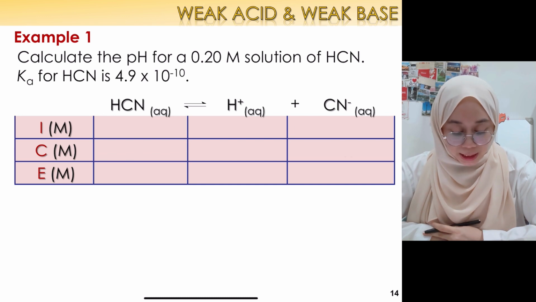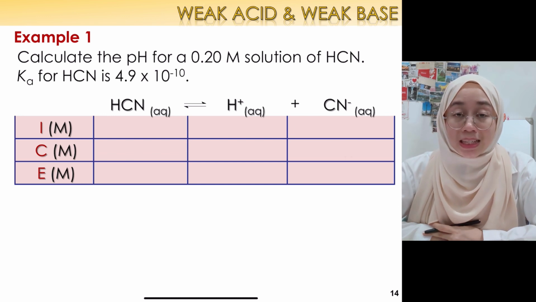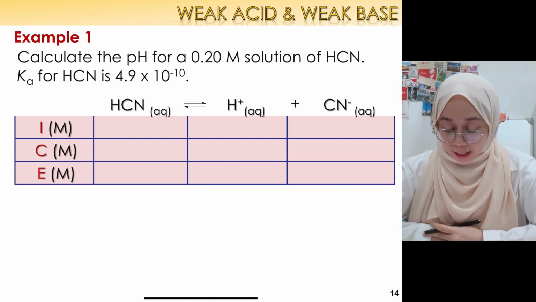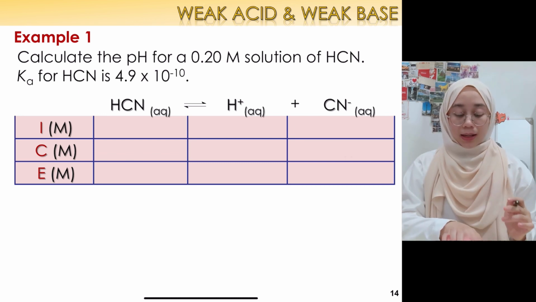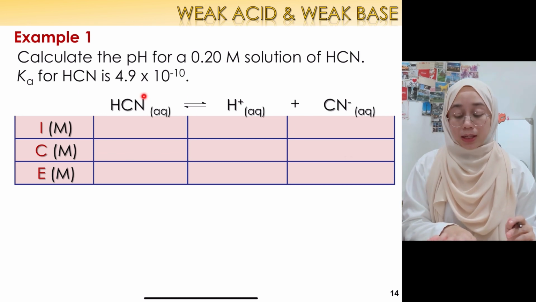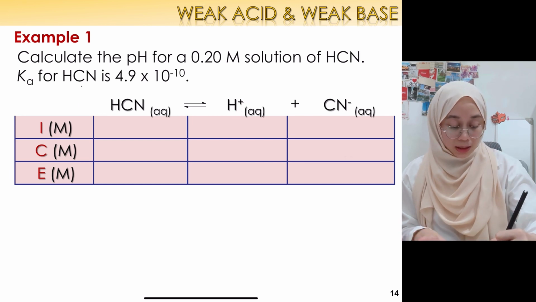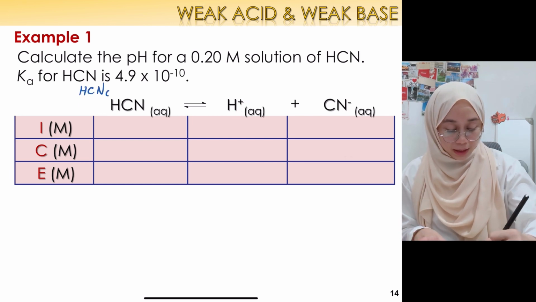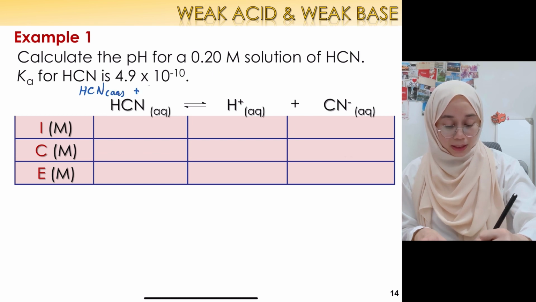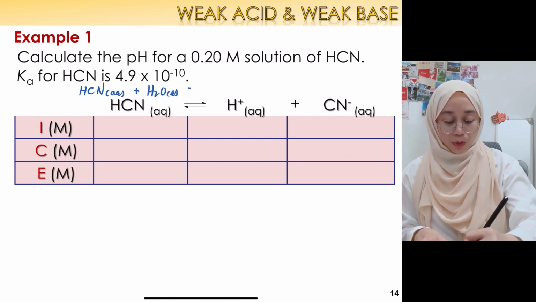Okay, so kat sini HCN, since dia adalah acid, therefore dia akan produce H plus and also CN minus. Since kita tak letak any water yang involved dalam equation ni class, so immediately kita produce H plus kat sini. Sebab boleh je kalau nak tulis HCN aqueous plus H2O liquid, boleh juga.